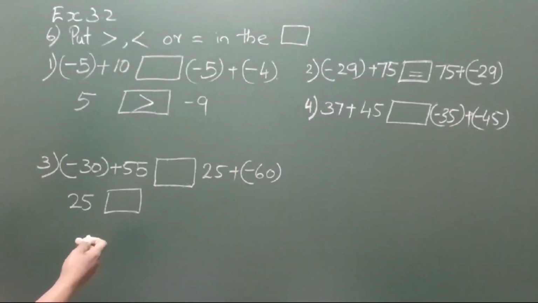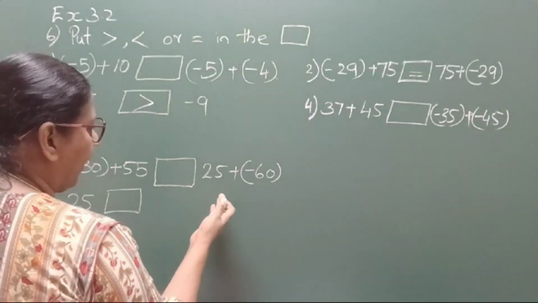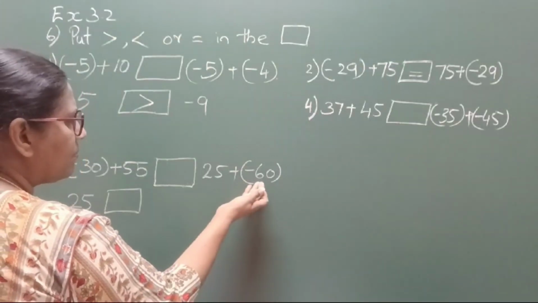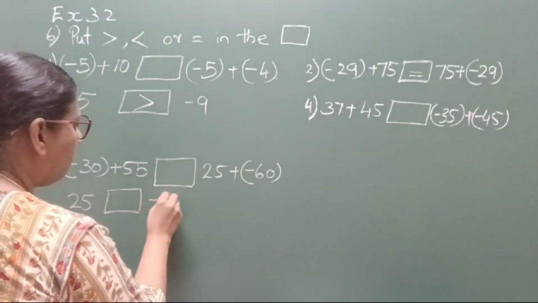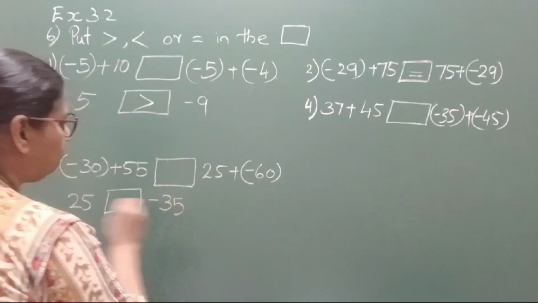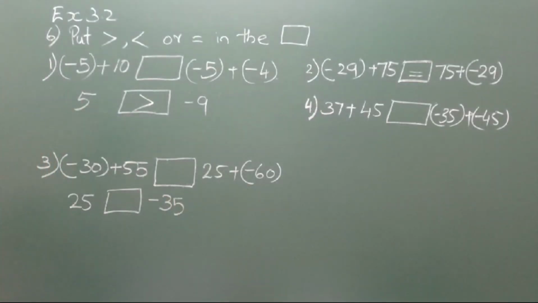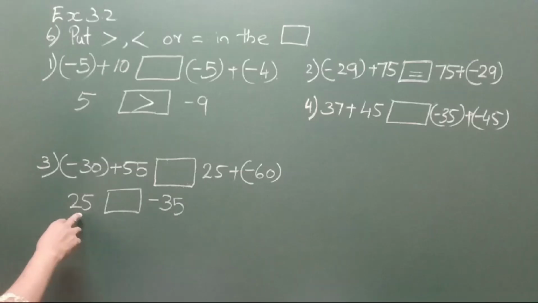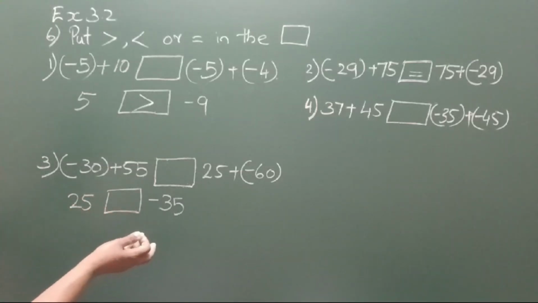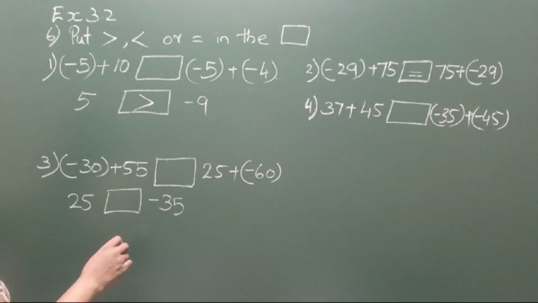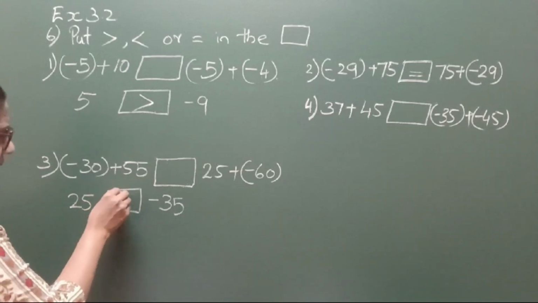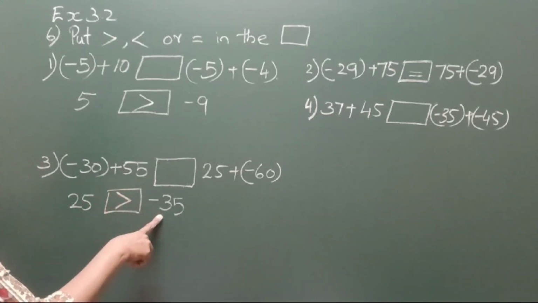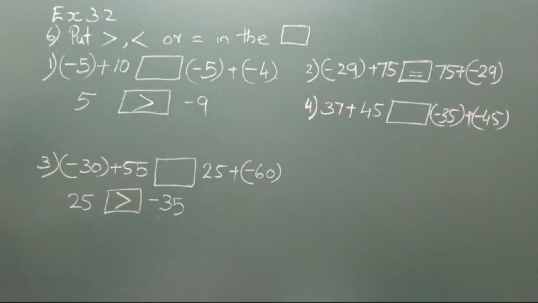What is our answer? 35. 35, greater number sign is minus. So minus 35. Okay. Again, here two different integers, and always a positive integer is greater than a negative integer. We know that. So 25 is greater than minus 35.